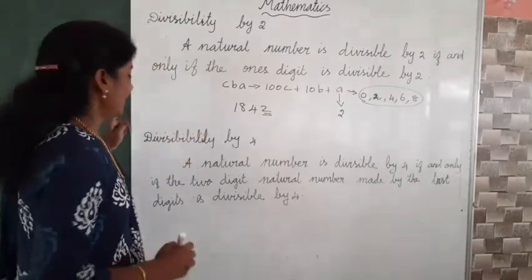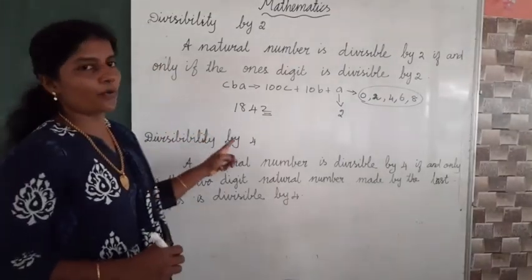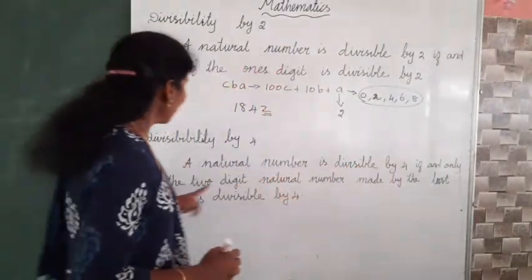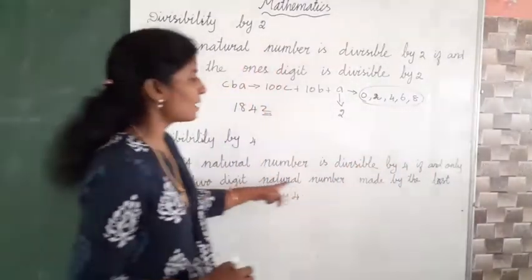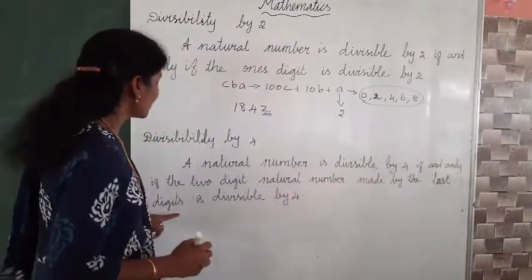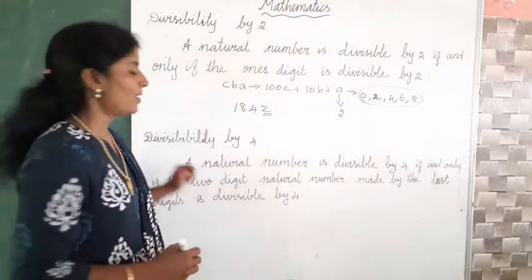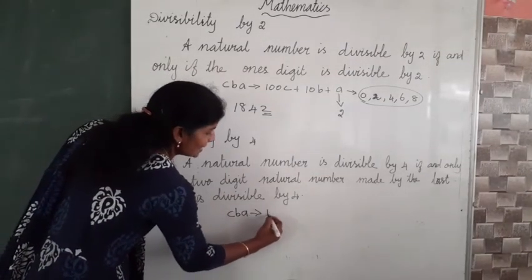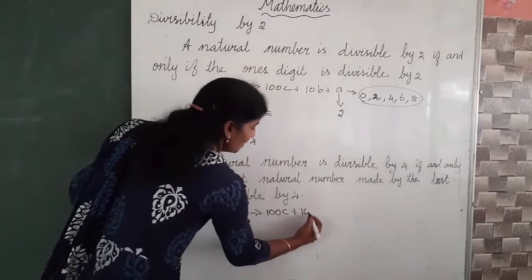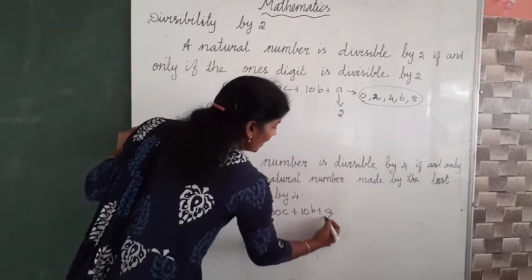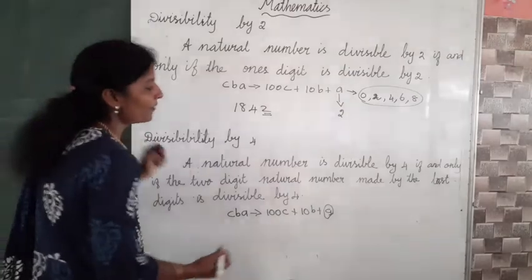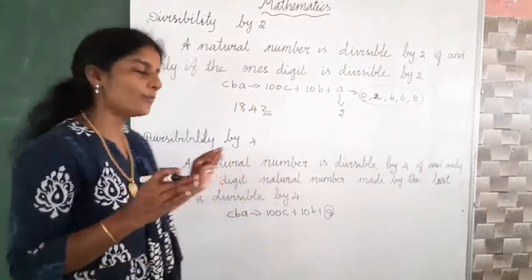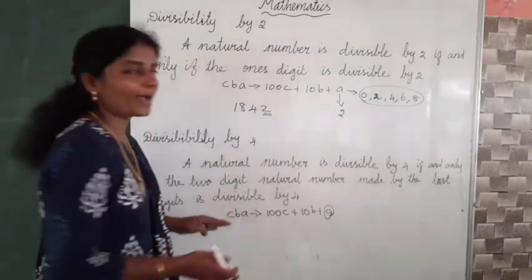Clear? Okay. Now we will learn divisibility by 4. A natural number is divisible by 4 if and only if the 2-digit natural number made by the last two digits is divisible by 4. For example, CBA, that is 100C plus 10B plus A. Here the ones digit is A. If the last 2 digits are divisible by 4, then this number is divisible by 4.